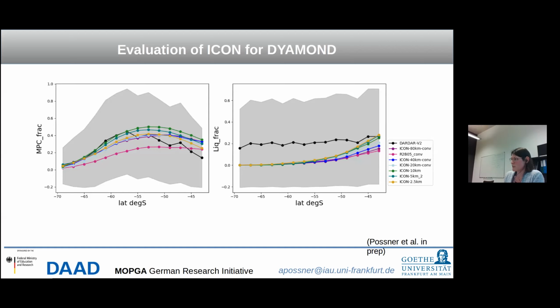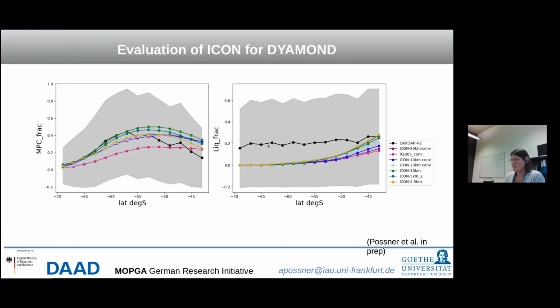For the liquid fraction, you see dependence as you go equatorward. So the underestimation in liquid clouds is sort of helped by resolution in this part of the world. But as you go further poleward, there are just no liquid clouds simulated in ICON of this particular configuration, whereas the observations are telling us there should still be a fraction of 20%.